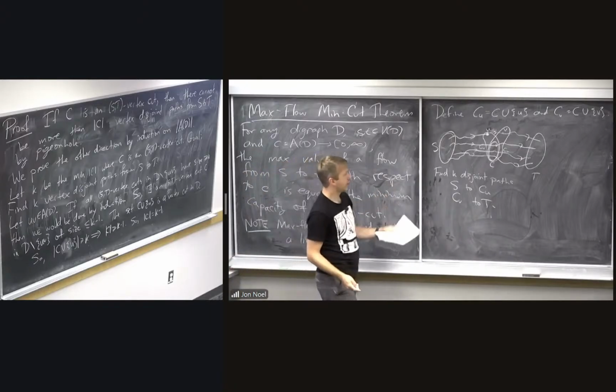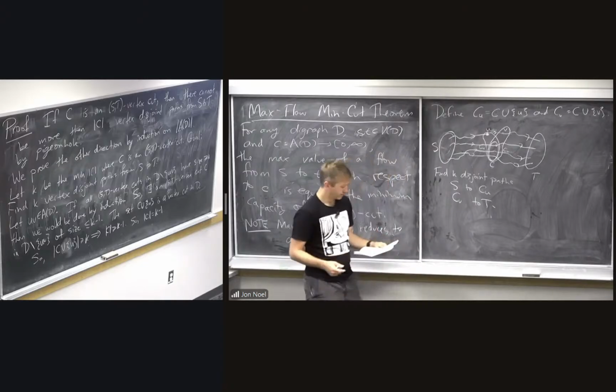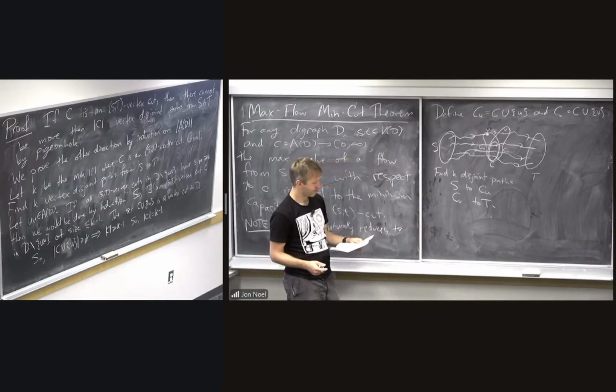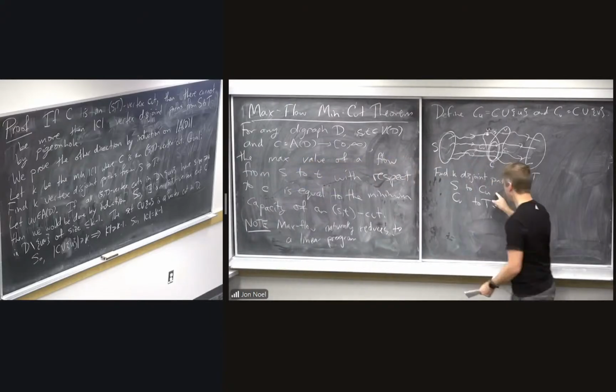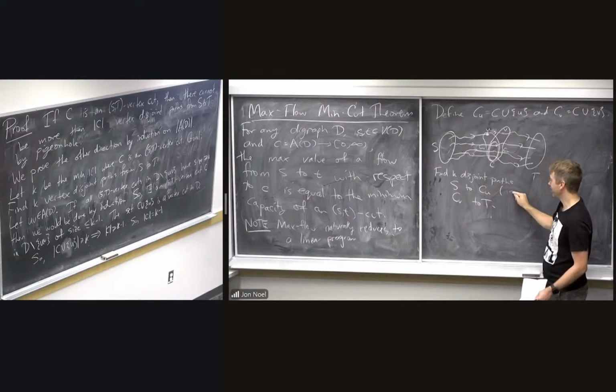So I guess the question is, first of all, why are there k disjoint paths from S to Cu? Actually, I should be more clear about what I mean. I'm going to find these k disjoint paths from S to Cu in D take away the arc UV.